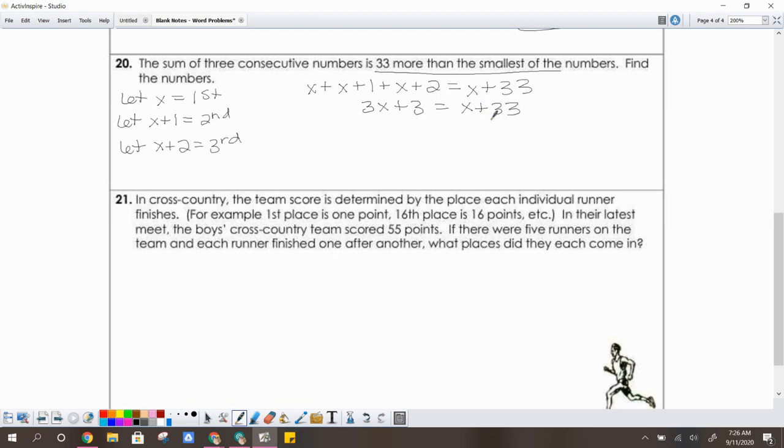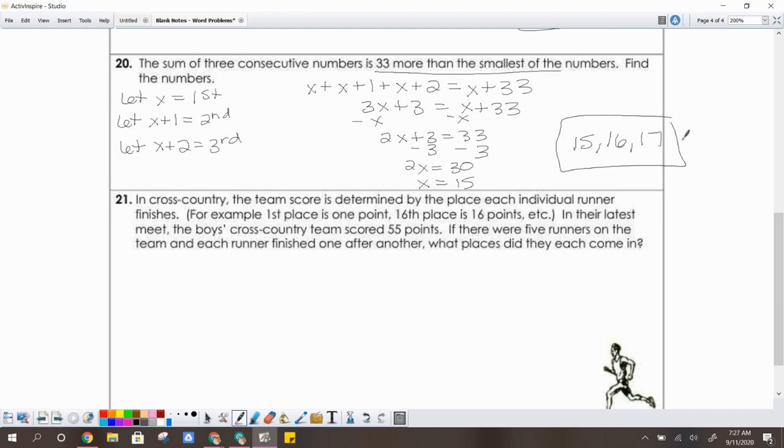All right, we have variables on both sides, so I'm going to go ahead and subtract the x. And then we go ahead and move the 3. Divide both parts by 2 to get 15. So my first number is 15. And the next two numbers would be the 16 and then the 17 because that's consecutive.